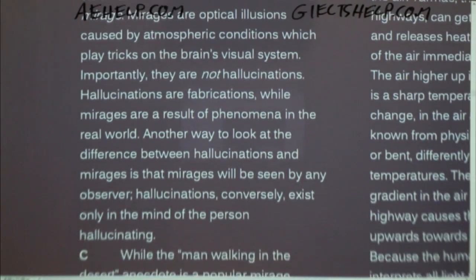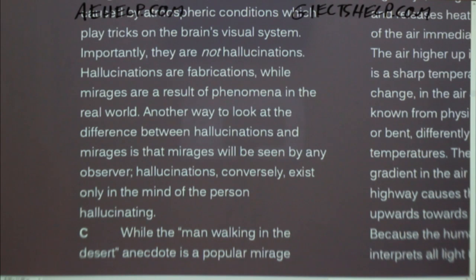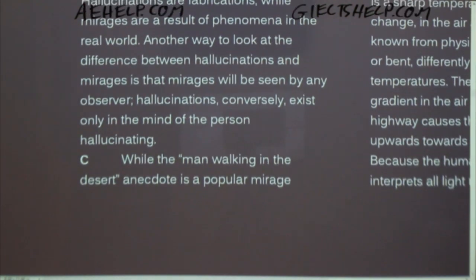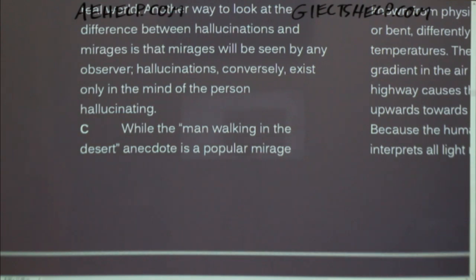Hallucinations are fabrications, while mirages are a result of phenomena in the real world. Another way to look at the difference between hallucinations and mirages is that mirages will be seen by any observer. Hallucinations, conversely, exist only in the mind of the person hallucinating.